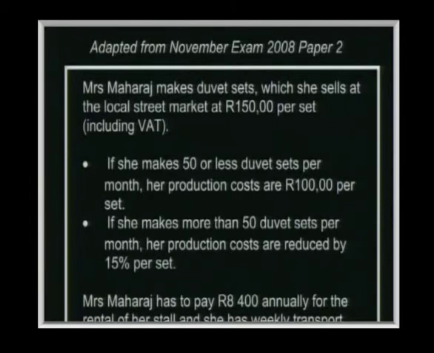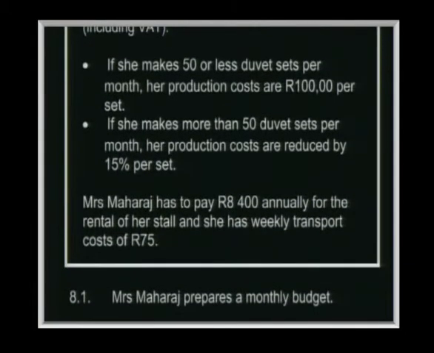This is question number 8. Mrs. Maharaj makes duvet sets which she sells at a local street market at 150 rand per set. That's including VAT. If she makes 50 or less duvet sets per month, her production costs are 100 rand per set.